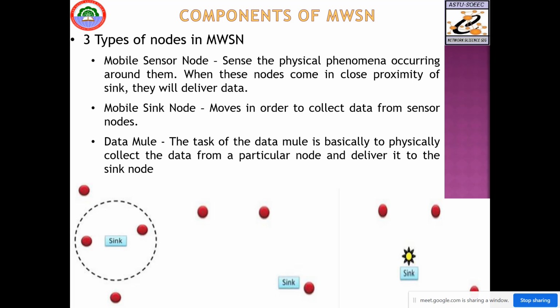Here is one new component, which we can see in the components of the mobile wireless sensor network, called the data mule.